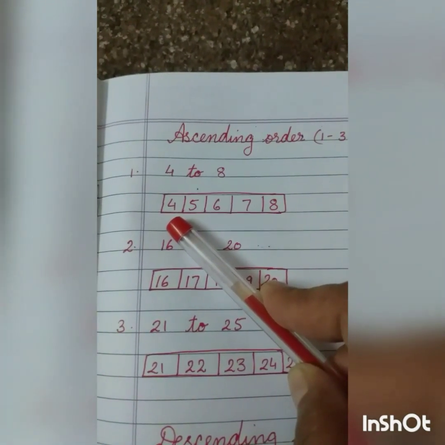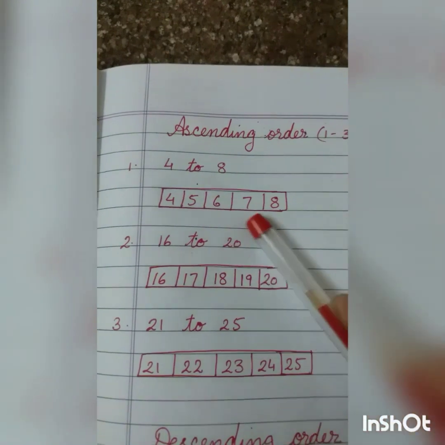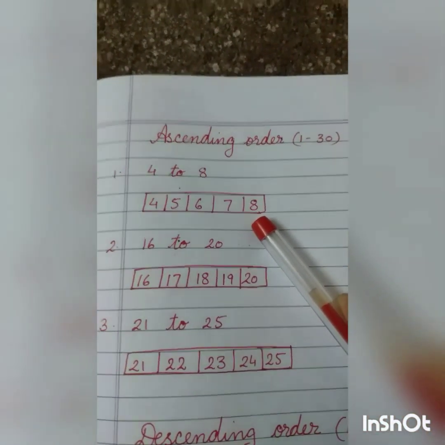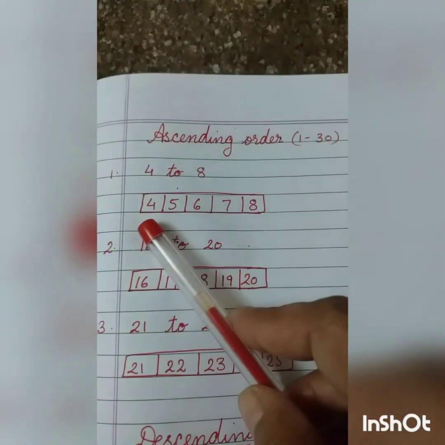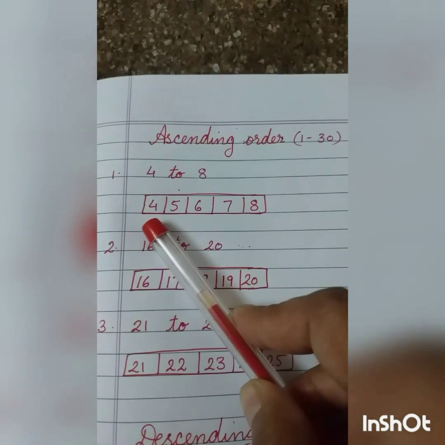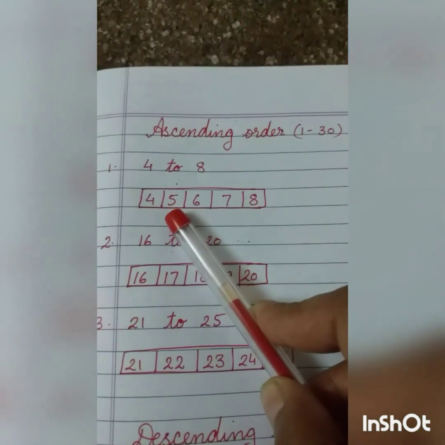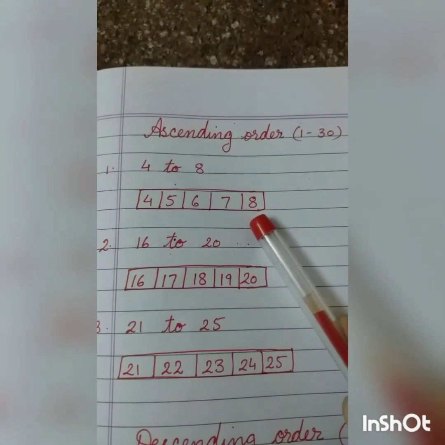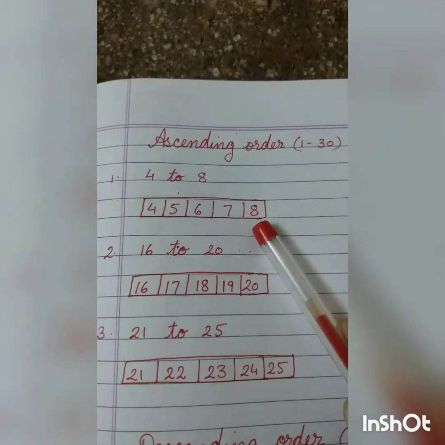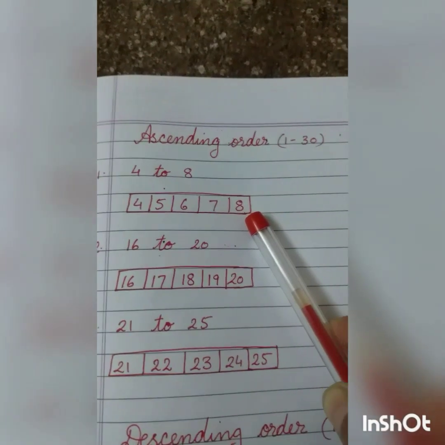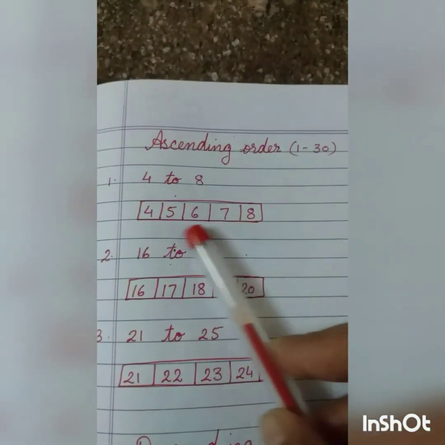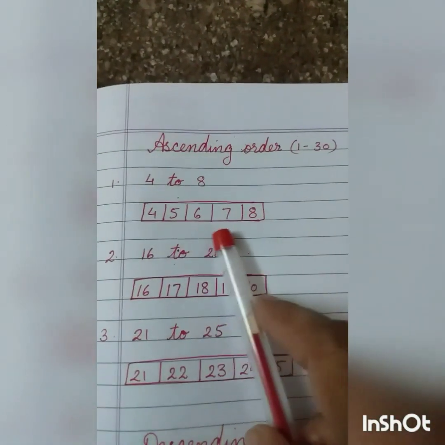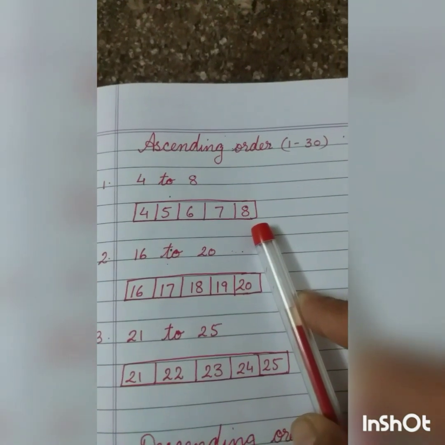Then we will do the forward counting till number 8. So we will start with number 4, then 5, 6, 7 and we will end here with number 8. Okay, so you have seen from 4 to 8 it was just a forward counting.